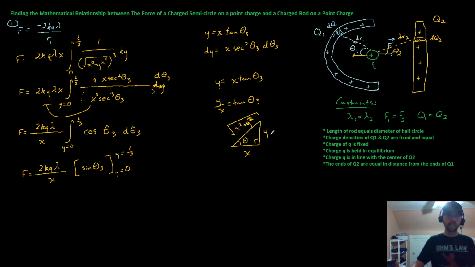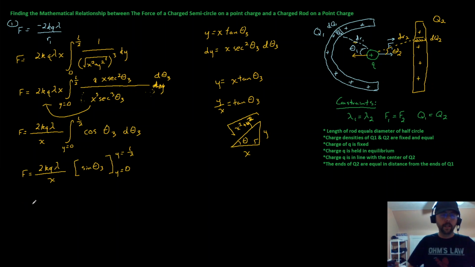Okay, so now that I have this, I want to pull sine out of this. Well, sine represents opposite over hypotenuse. So we're going to have y over square root of x squared plus y squared.